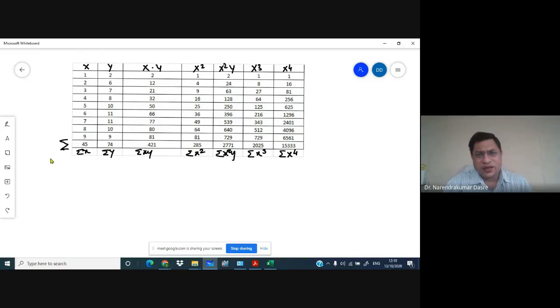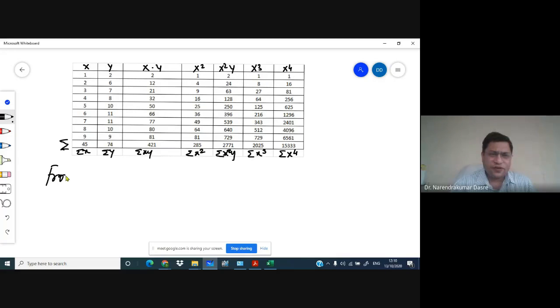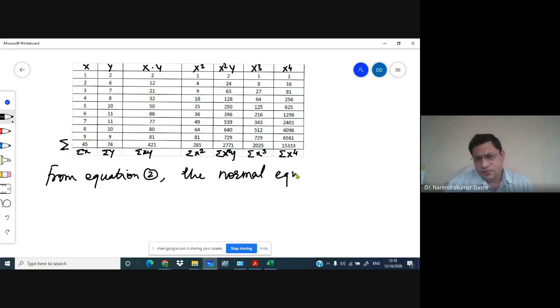Once you have the table, we can write the normal equations. From equation 2, the normal equations will be like this: A summation x square, plus B summation x, plus nc, is equal to summation y.